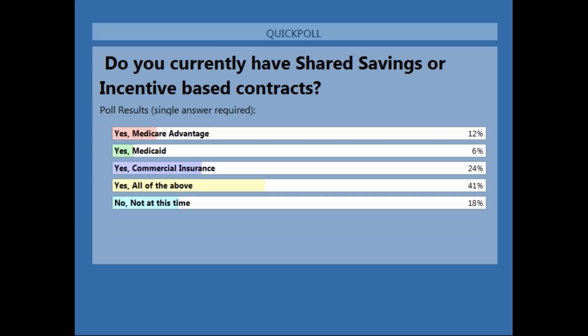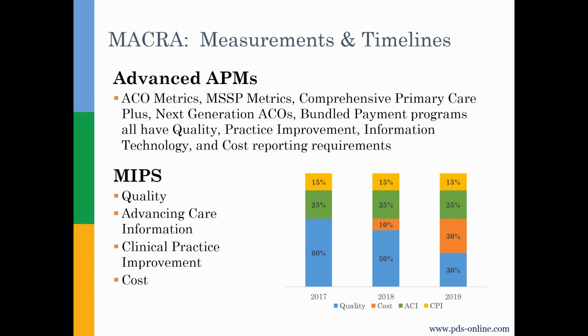There are lots of challenges with participating in these contracts, but I think that using data and using analytics is helping us overcome some of those barriers to get more organizations participating. So MACRA is definitely a data-heavy initiative that Medicare is implementing.